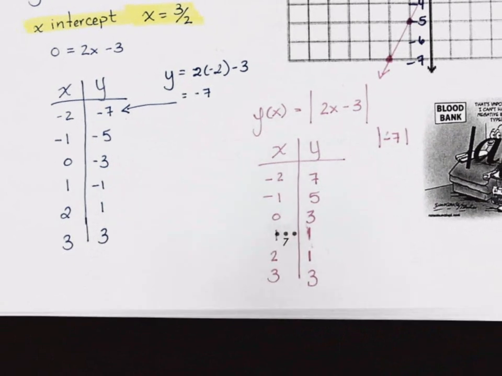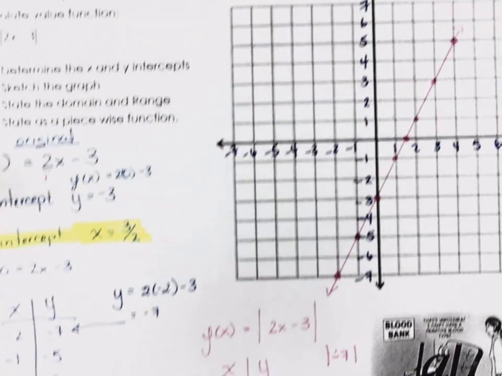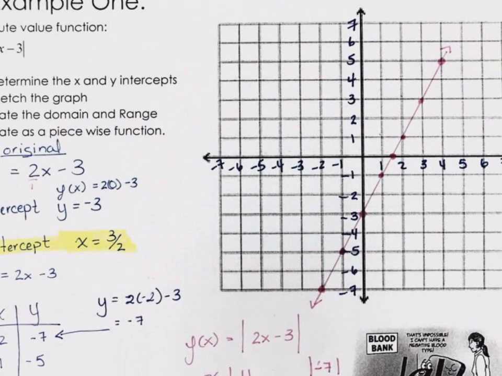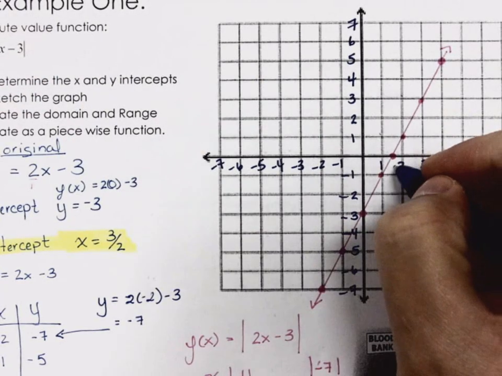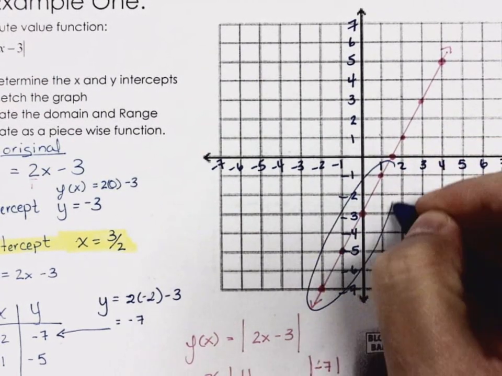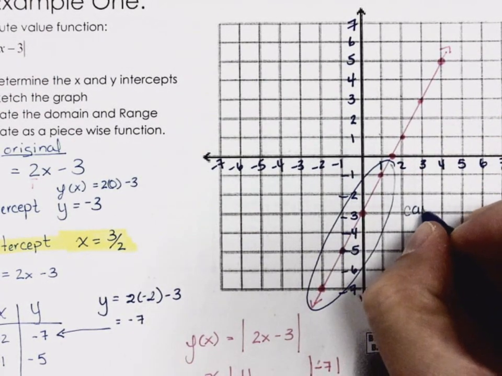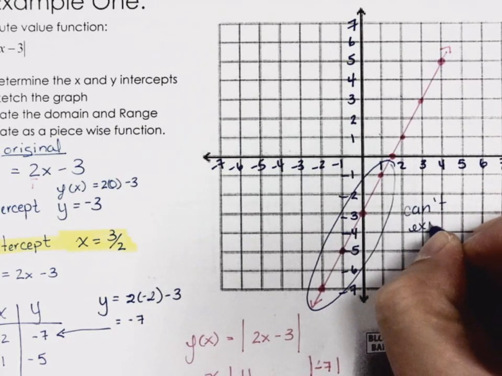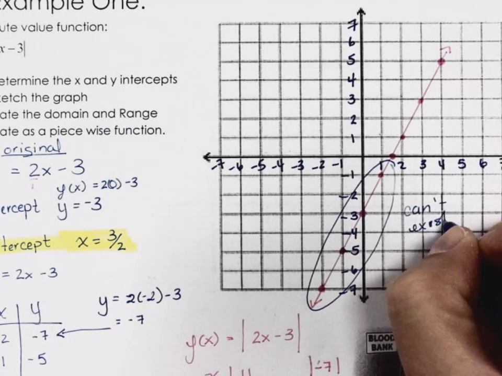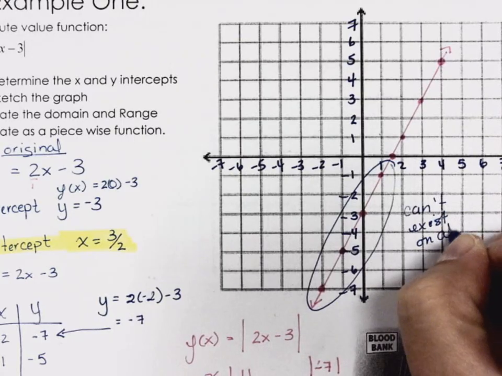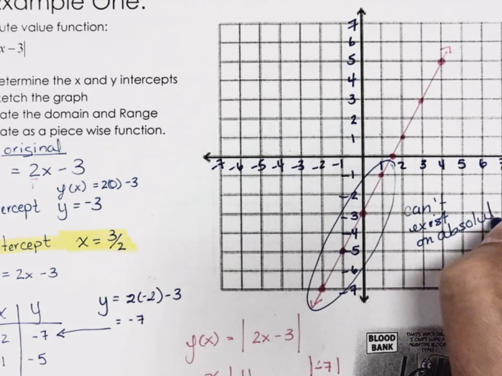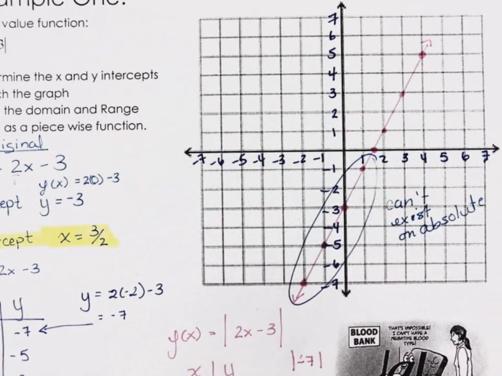Okay, so what does this graph show me? This is the original, right? So really what happens is that these negative y values can't exist on the absolute value graph, right? So what happens to them? They flip up.